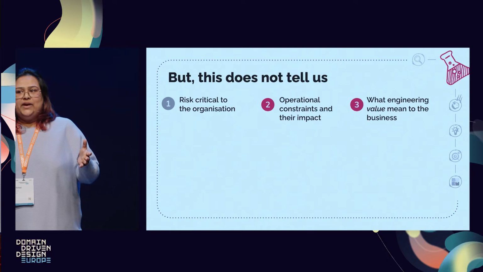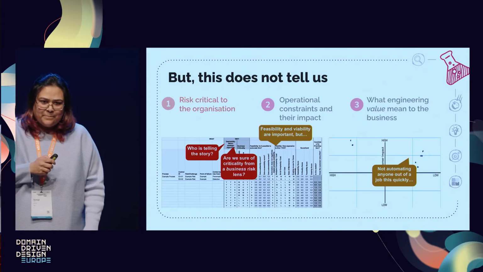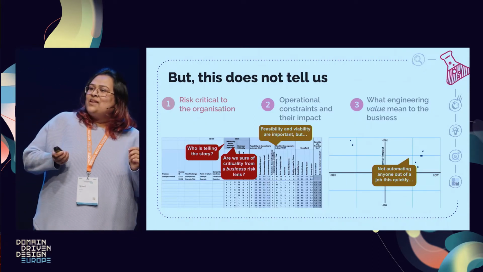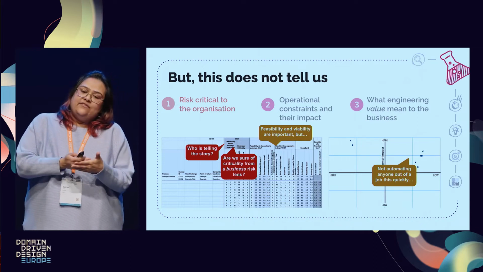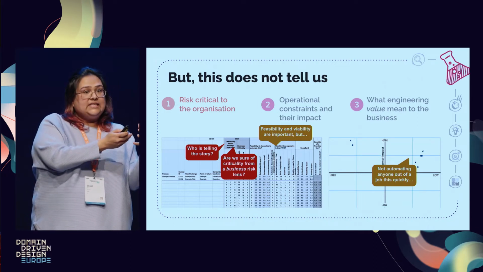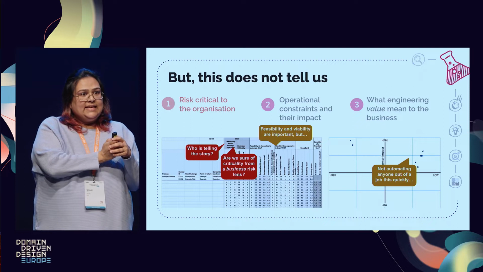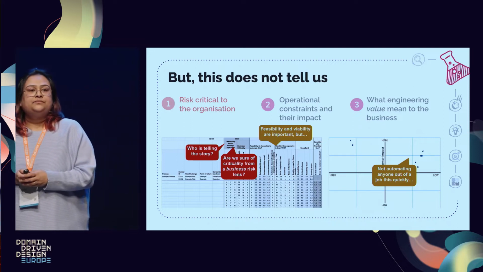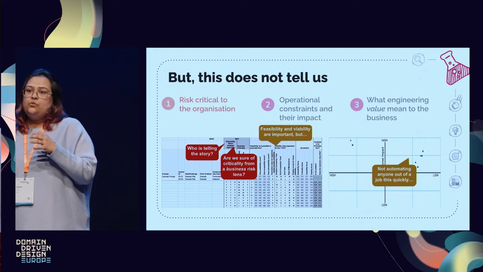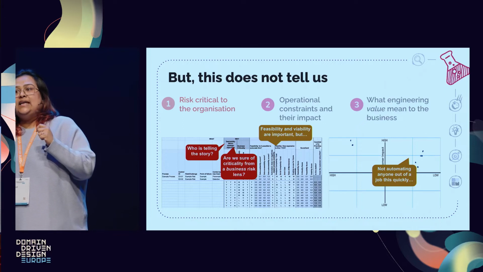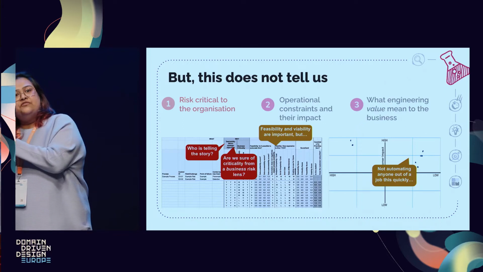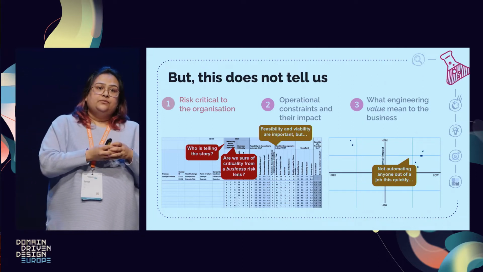I suppose you're waiting for me to tell you what was wrong with this. So while we thought it's giving us a view of the risks that are critical, it actually wasn't. Because what it was doing was telling us the view of the risks that were critical based on the people we were speaking to.